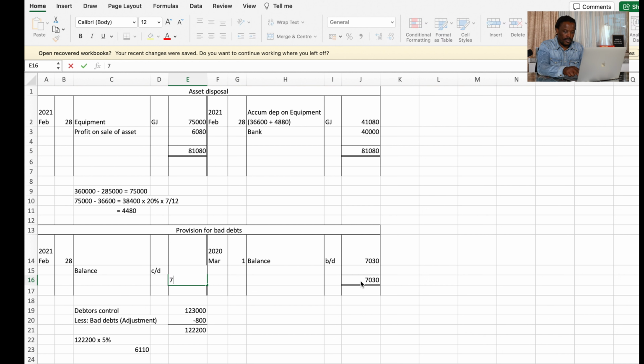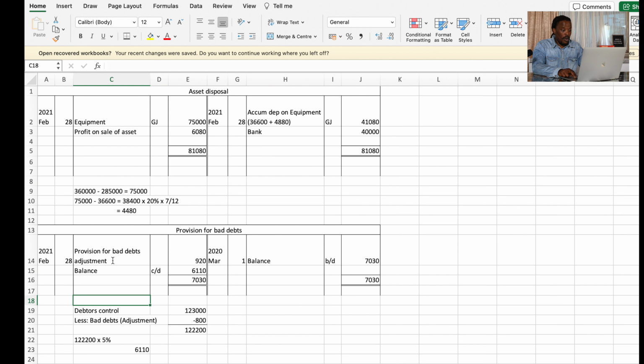Now, 7,030 minus 6,110. Provision for bad debts adjustment.